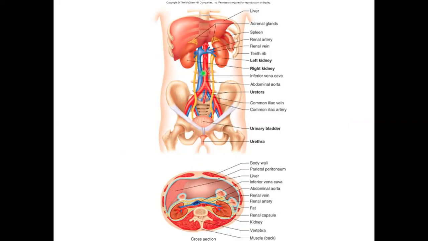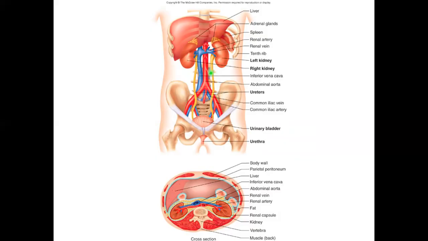So they're located around by the vertebrae. What do you have above that? You have your adrenal gland above the kidneys, right? And so if you follow this, here's your abdominal aorta and the red artery, right? And then that becomes your renal artery and that goes to the kidneys. And then you have the renal vein coming back and that merges with the vena cava.